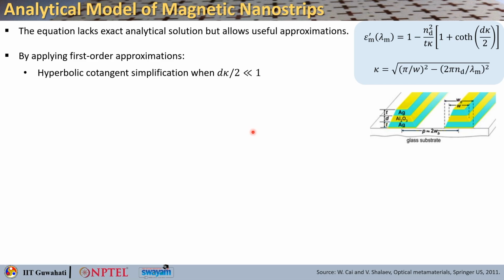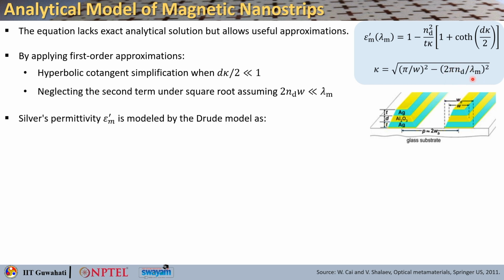So, a first order approximation for the hyperbolic cotangent function, with this parameter d kappa by 2 much less than 1, can be incorporated to simplify this expression. In addition, the second term in the square root can also be neglected, assuming that this is much smaller as compared to lambda m.